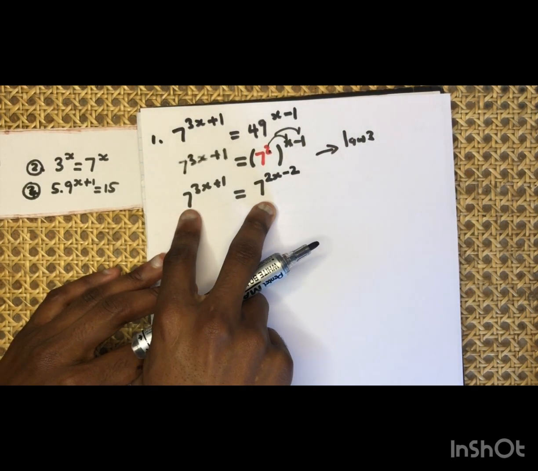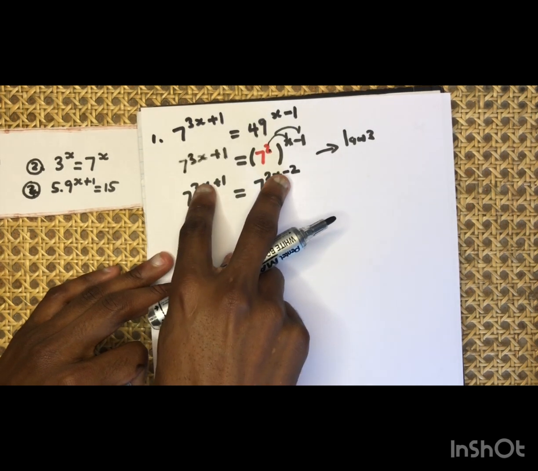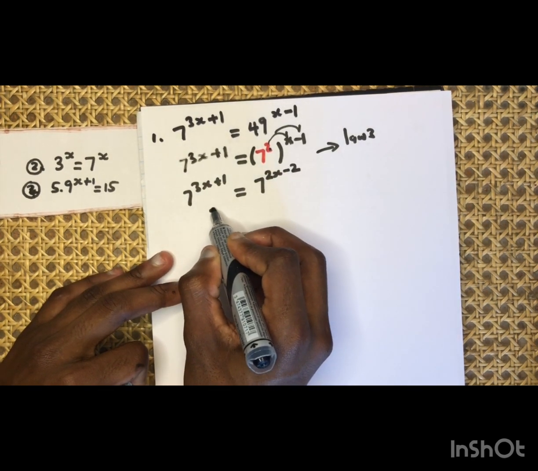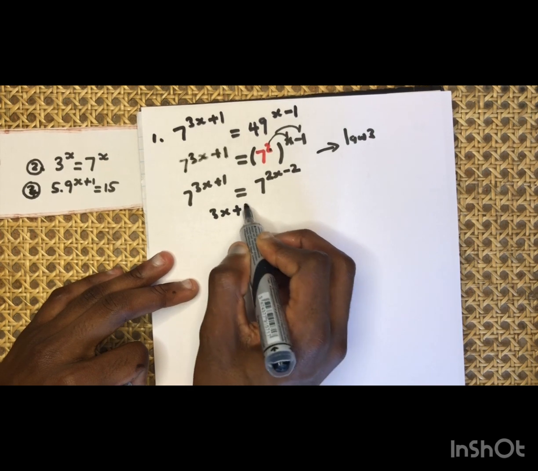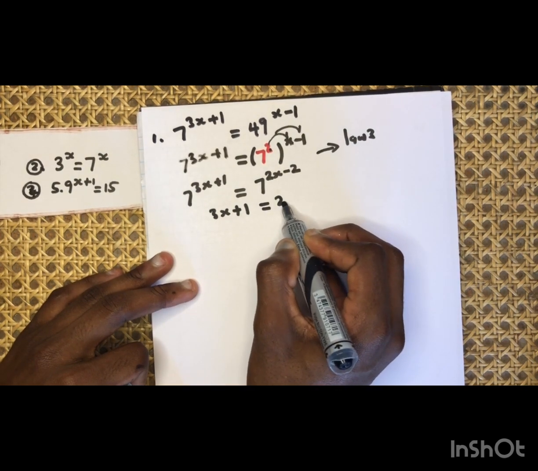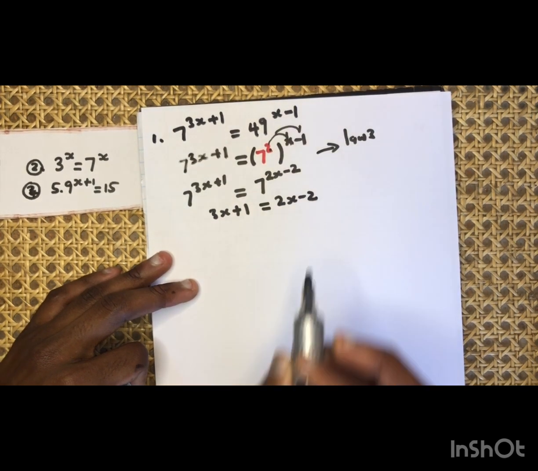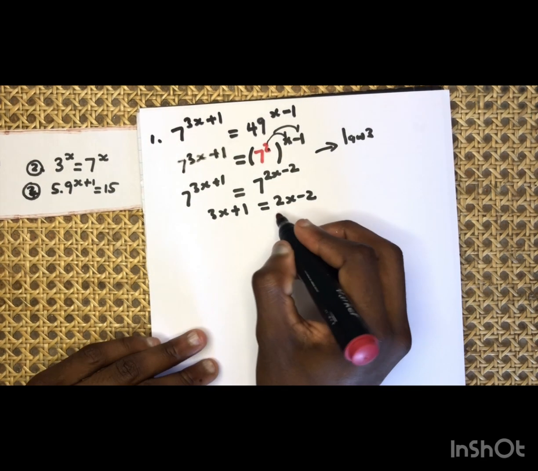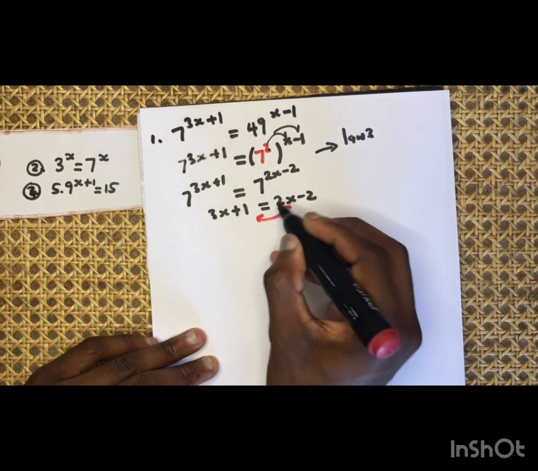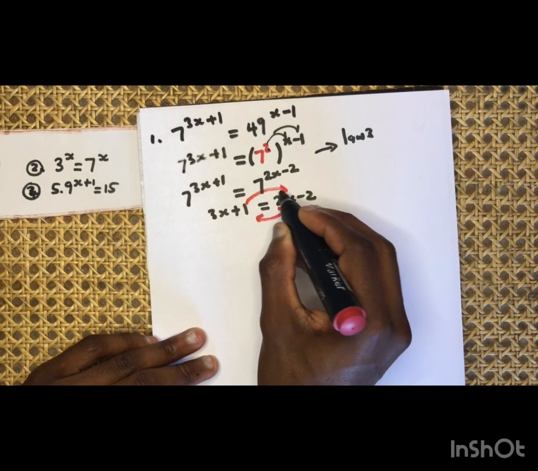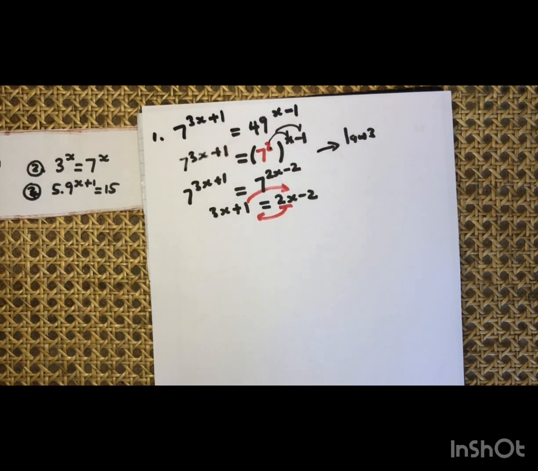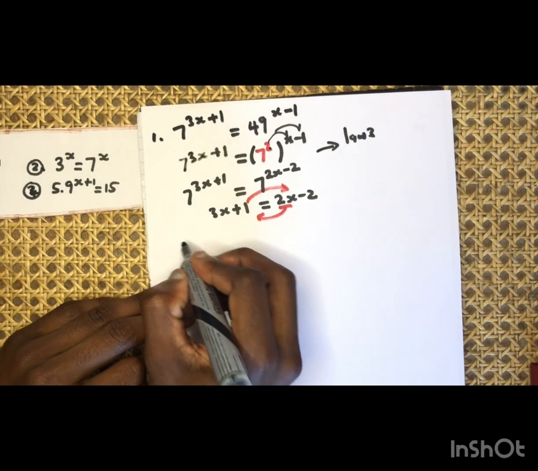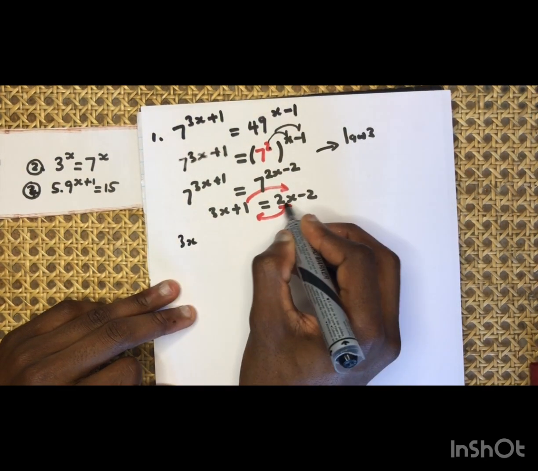Now the bases are the same, so we equate the exponents. So it's 3x plus 1 equals 2x minus 2. Now we have to collect the like terms. I transpose this 2 to that side and this 1 to this side. On this side we have 3x.